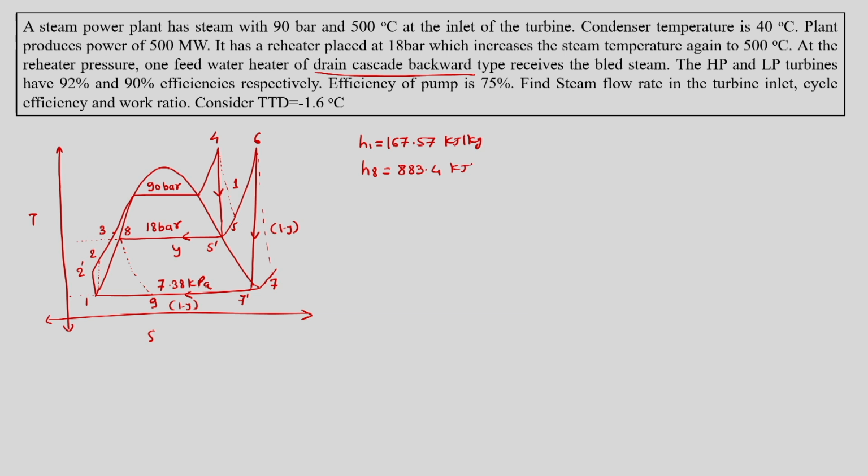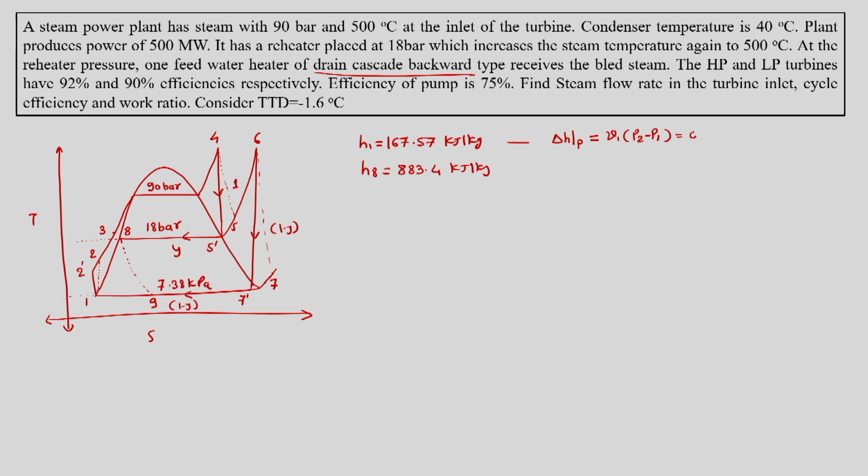883.4 kilojoule per kg. Now, we can find out for H2 what is delta H for pump, and that delta H for pump is V1 into (P2 minus P1).